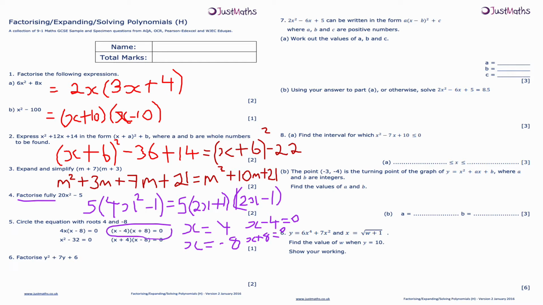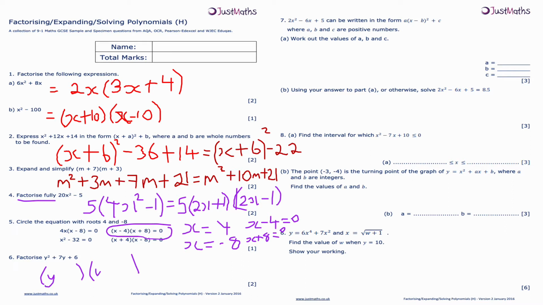This is question number 6. Factorize y squared plus 7y plus 6. Okay, so factorizing, it's going to be a double bracket here. So y and y will go in my first and second bracket. I'm now going to work out 2 numbers that add to give me positive 7 and multiply to give me positive 6.